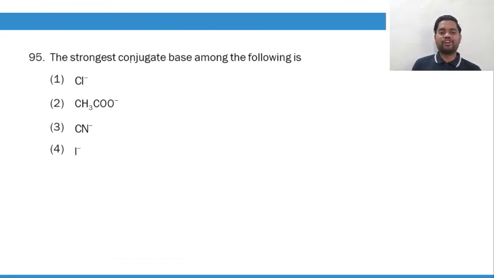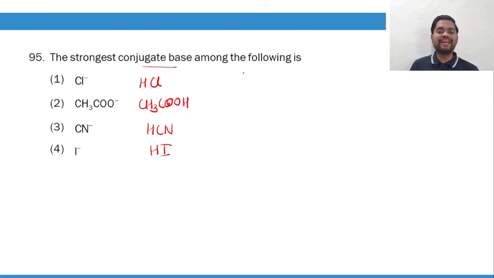95. The strongest conjugate base among the following is. To know the strongest base, let us form its acid, since all these are conjugate bases. So HCl, CH3COOH, then HCN, and then HI.